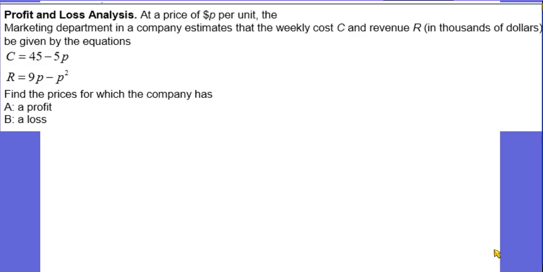So the keywords there are not the typical keywords that we see, and on top of that, they're not on our paper. So let's use our brains. What's a profit mean? Greater than, right? Would you agree? Yeah. So why don't we flip to the other side of our note page real quick, and under the greater than column, write the word profit.